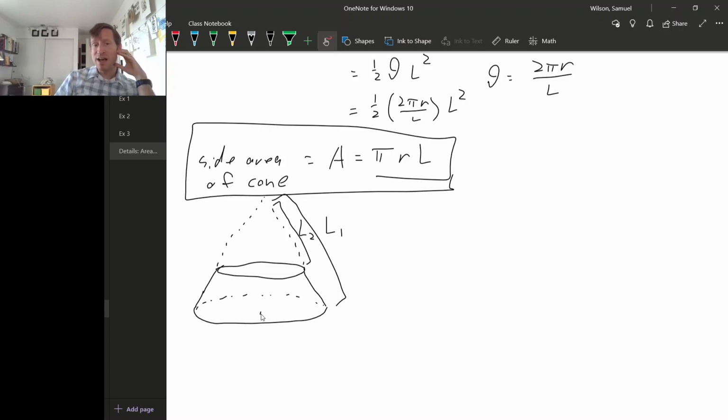And of course, each cone has its own radius. So the big entire cone has a radius. Let's call that R1. And then the missing cone at the top has a radius. Let's call that R2.